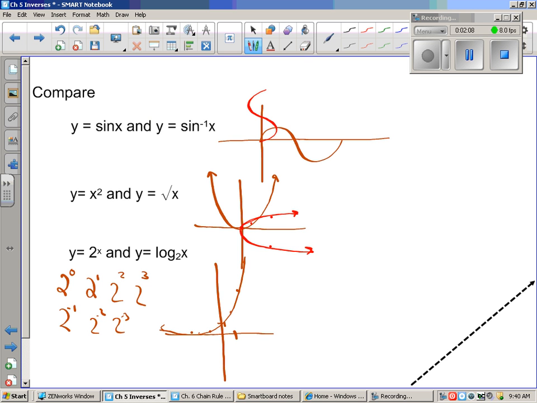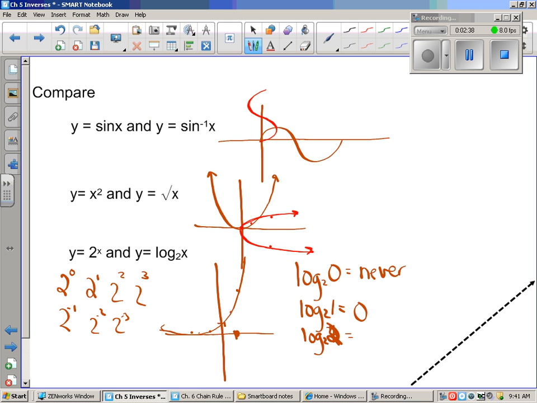All right, now how about log base 2? Now let's think of this. Log base 2 of 0: 2 to what power would give you 0? Never. Can't. There's no power that would do that. How about 2 to what power is going to give you 1? Okay, so that would be at 1. Again, I'm going to manipulate this a little bit so we can see it easier. Let's start with 2. 2 to what power would give you 2?